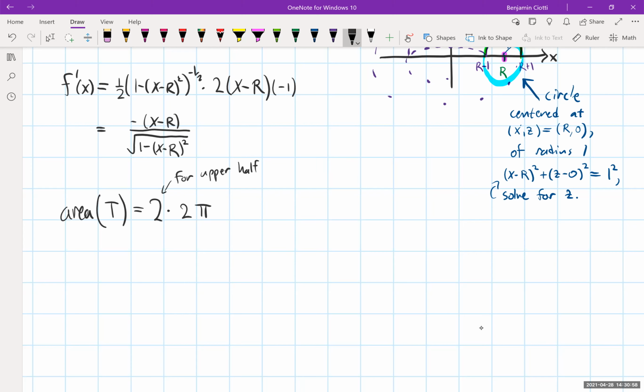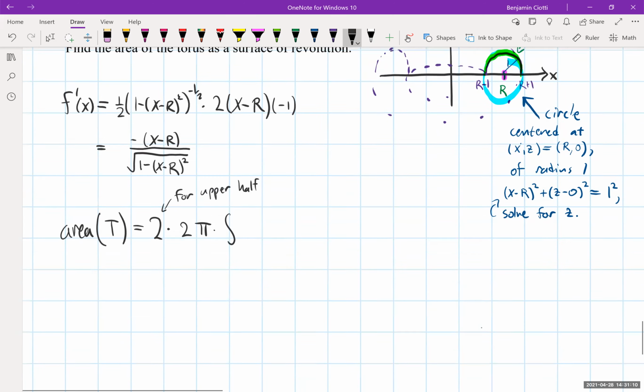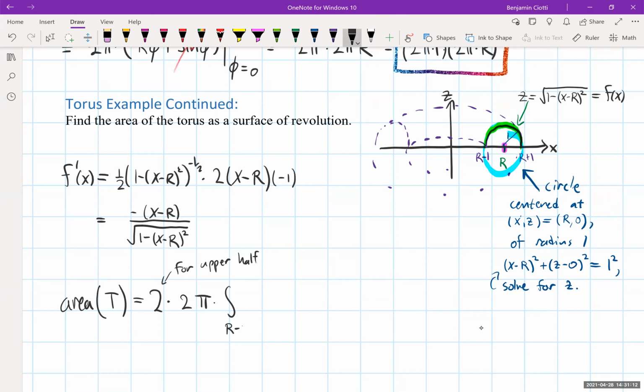And then the formula is 2 pi times the integral of the function over the interval it's defined on. In this case, it goes from r minus 1 to r plus 1. And according to the formula, which I apologize, is off screen right now, I then need the square root of 1 plus f prime squared.